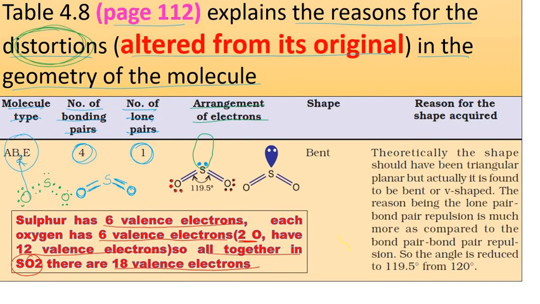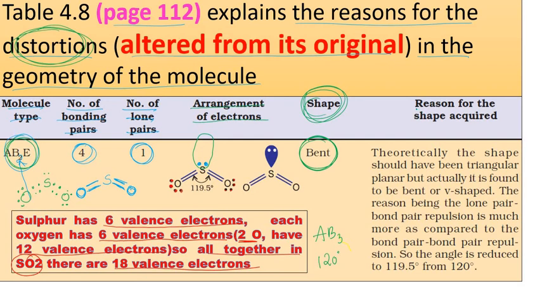And when it is undergoing change in the geometry, we call it the shape of the molecule, and that shape in case of SO2 is bent. Is it clear, students? So here the angle, if you see AB2E, if I just speak of AB3 without a lone pair, the bond angle would have been 120 degrees.